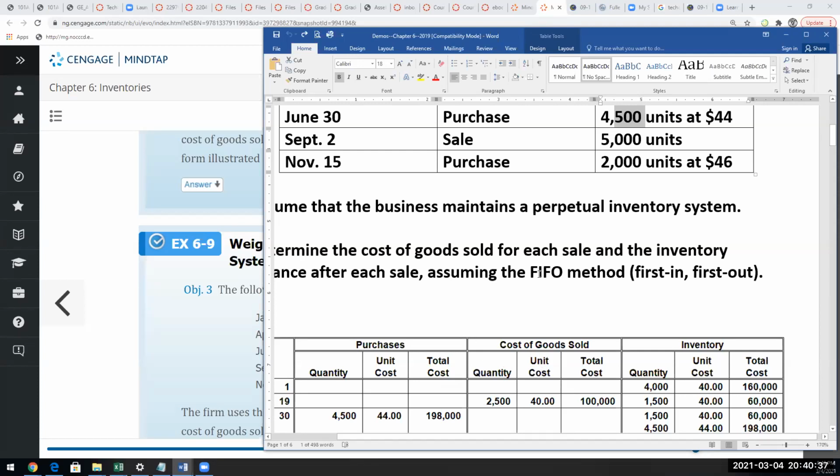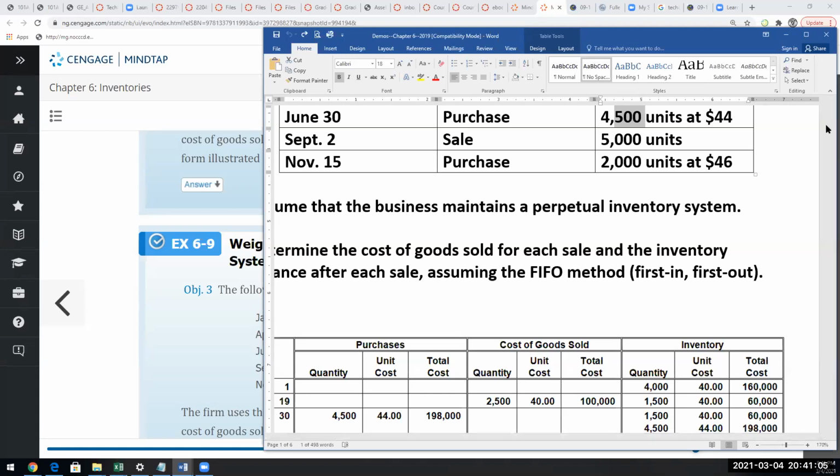Well, because we are on first in, first out, the assumption is every one of these older versions is gone, bye-bye. So that means I need another 3,500 out of this 4,500 to complete my sale. The customer wants 5,000. So I'm going to give them all of these plus 3,500 of these. That means I have 1,000 left over.